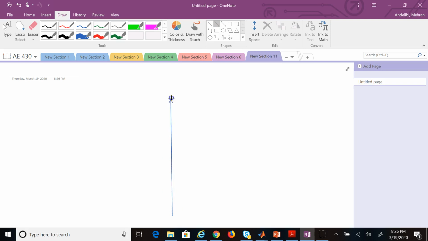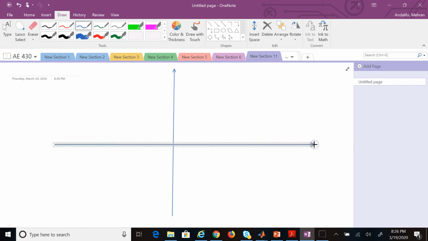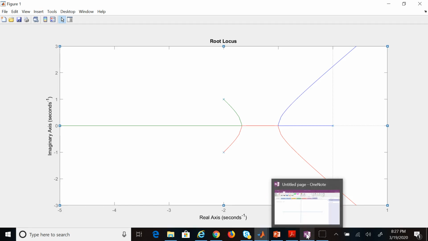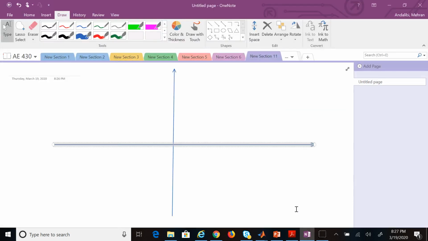Let's follow this example: you have a root locus, and I want to know, if I bring my dominant pole to this point, how much is going to be my K at that point. So let's take a look together and redraw it here.